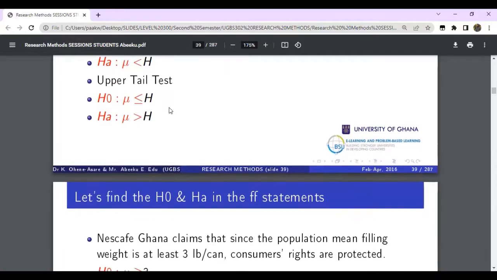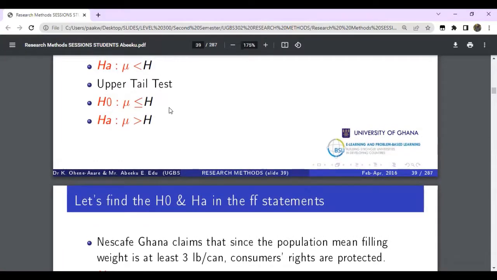The answers are there, that's what I don't want to show. Okay, so fine. Nescafe Ghana claims that since the population mean filling weight is at least 3 lb per can, consumers' rights are protected.